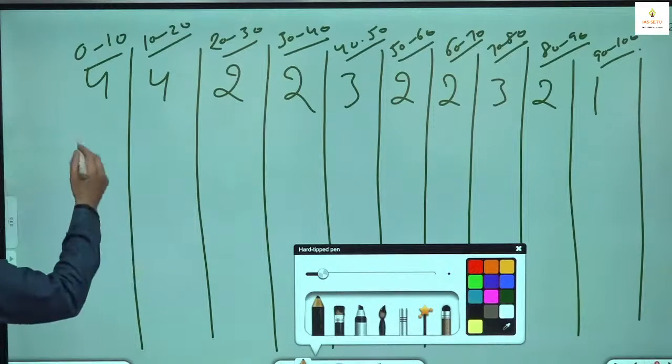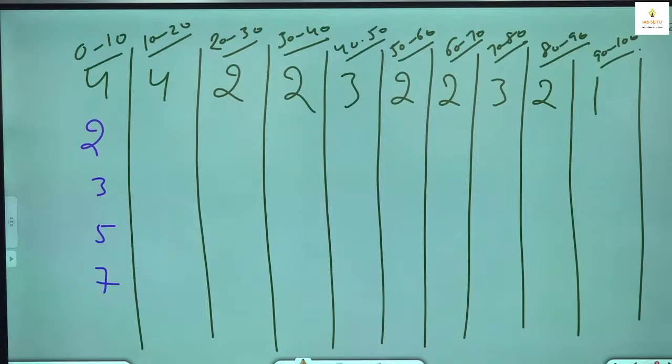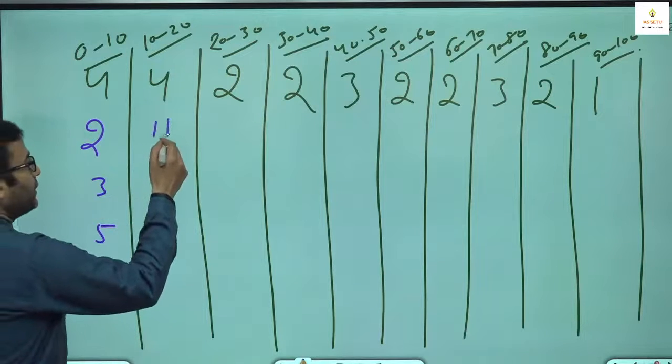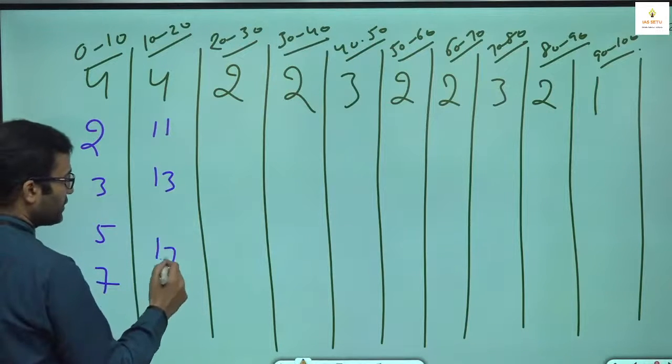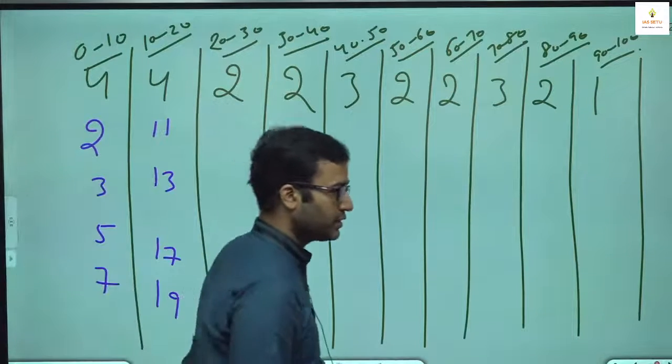So I write 2, 3, 5, 7. 11, 13, 17, 19. I think all of you know this. ये सबको पता है.